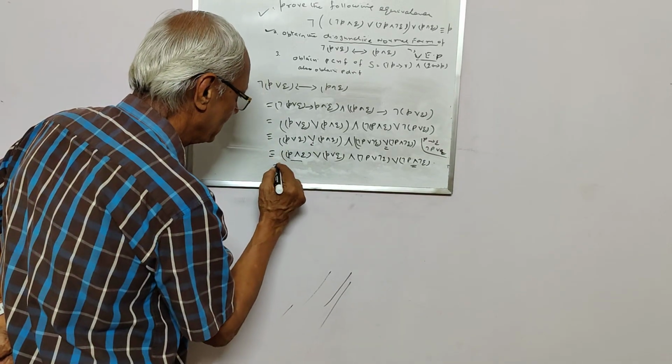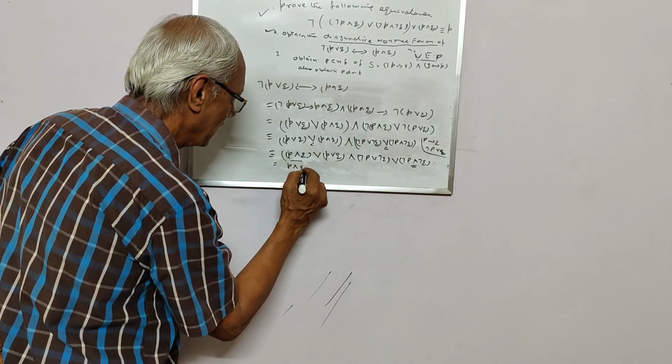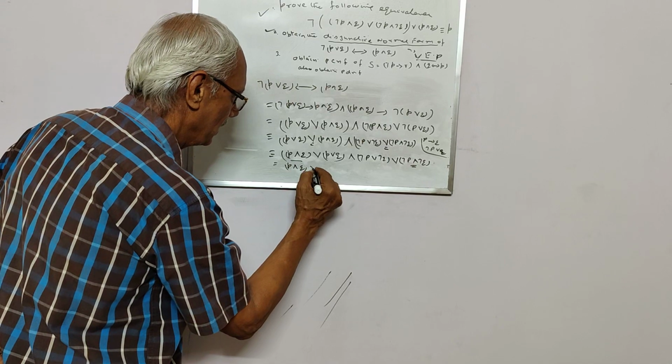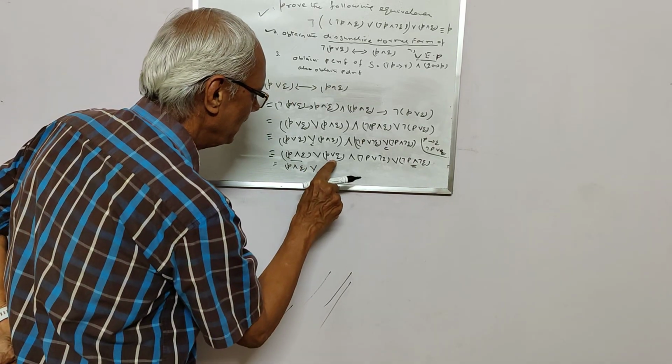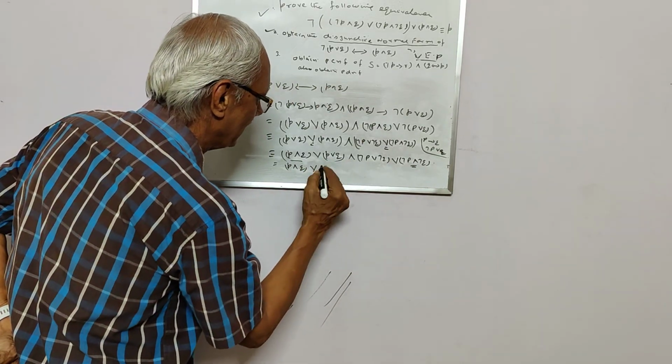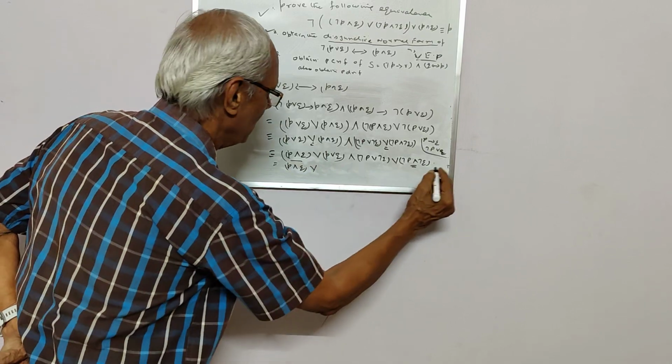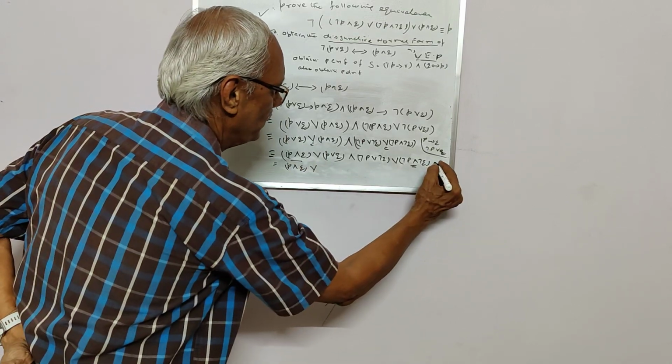So what I do here is that it is P conjunction Q, then disjunction, take this P inside, that is, use the distributive law. Here I used the commutative law.